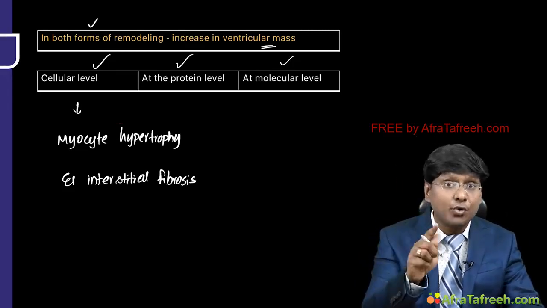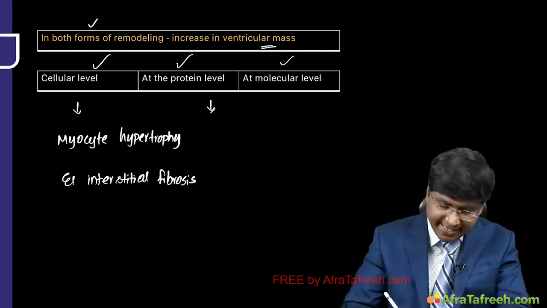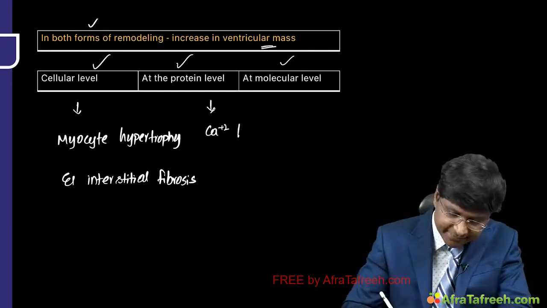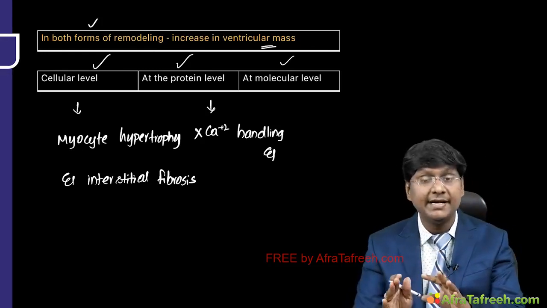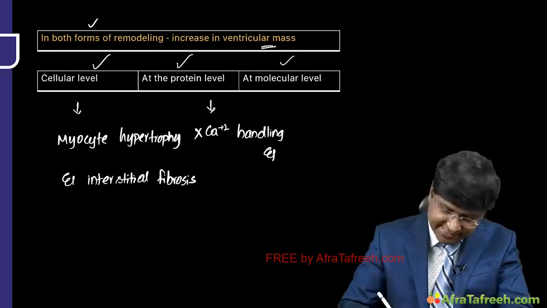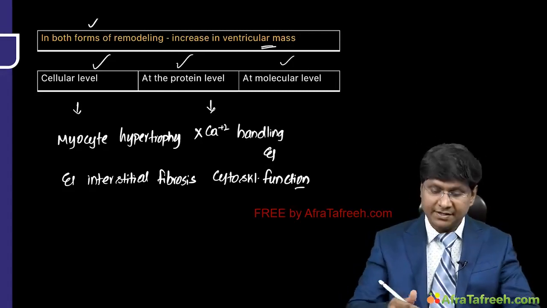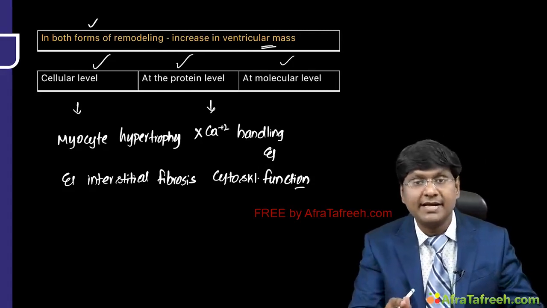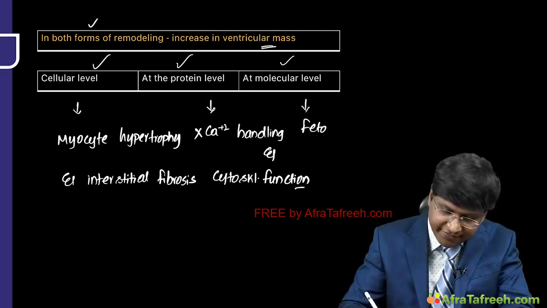Now take the protein level. At the protein level, there is alteration in calcium handling and alteration in cytoskeletal function. At the molecular level, there is expression of the fetal genes.